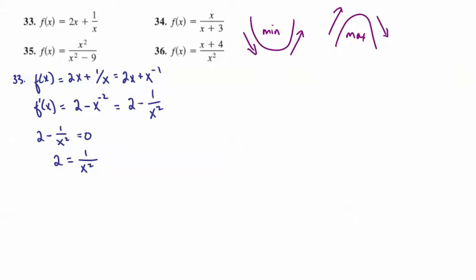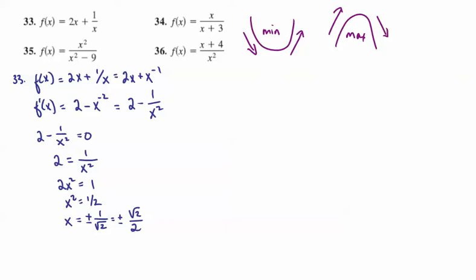Cross multiply however you want to solve this. We get 2x squared is equal to 1. X squared is 1/2, and so x is going to be plus or minus 1 over the square root of 2, which is plus or minus root 2 over 2.